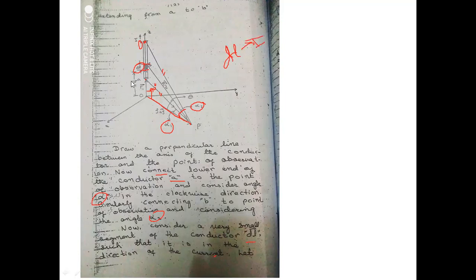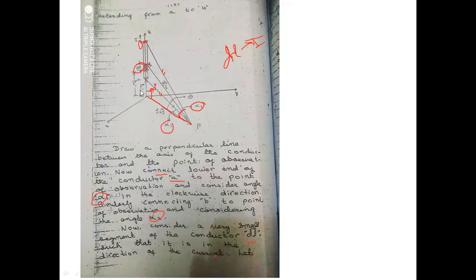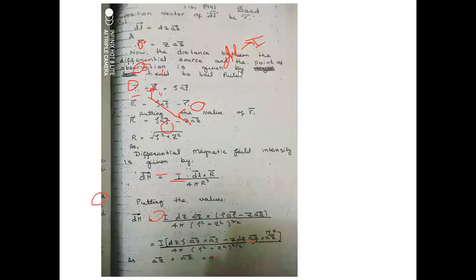Let the position vector of the dl be r1, extending from here up to here. So dl is equal to dz az, because it's in the direction of z, and the position vector r1 is equal to z az.